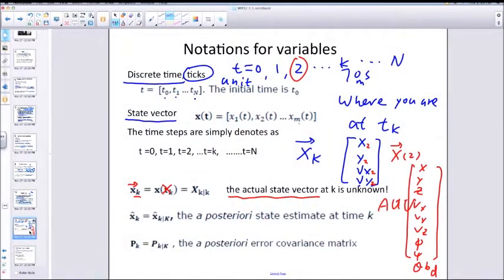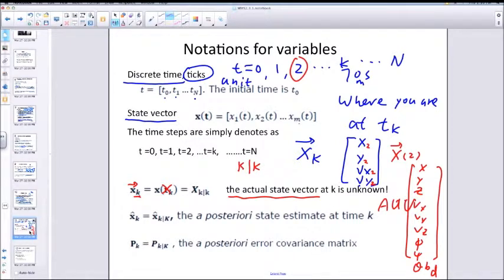We don't know, but the convention, we just write a capital letter, put a little k there. So another convention is this k given k.